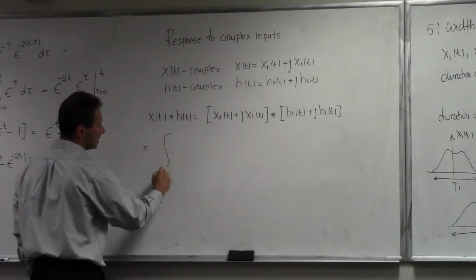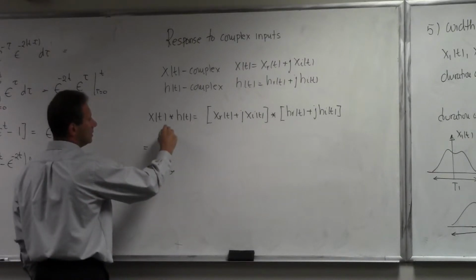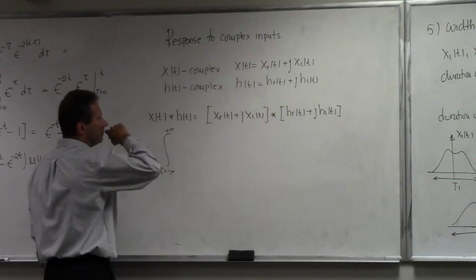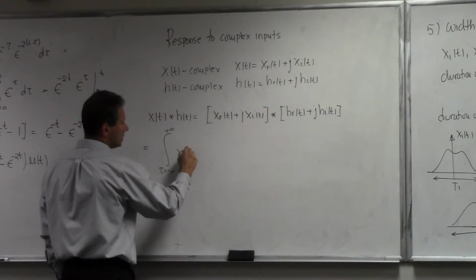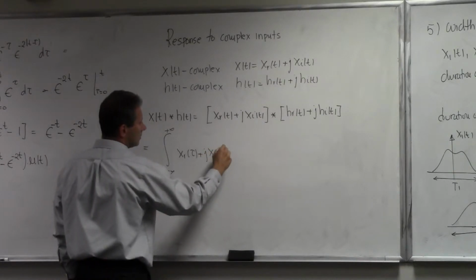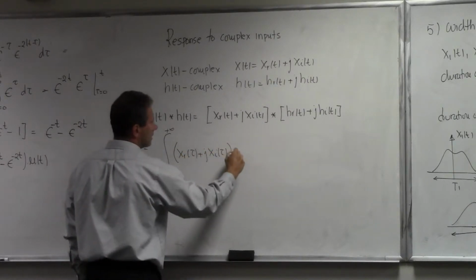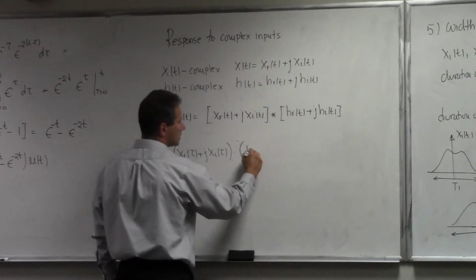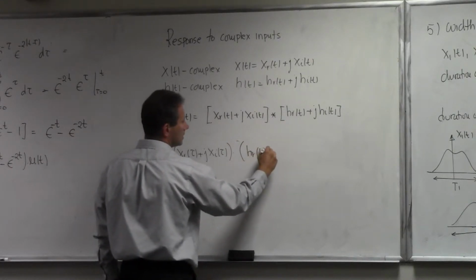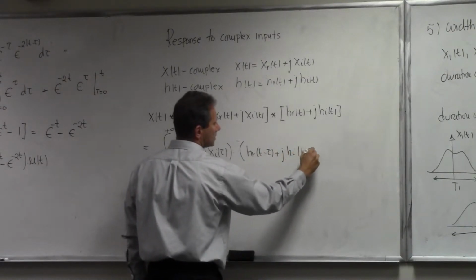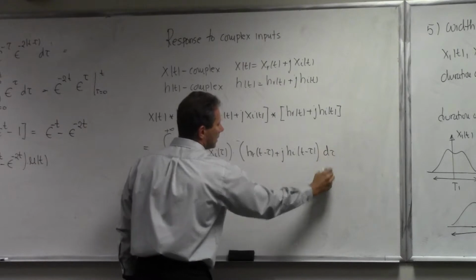Here you're going to be integrating tau goes from minus infinity to plus infinity x of tau, so it's going to be x real of tau plus j x imaginary of tau. And then I multiply that with h of t minus tau, which in our case becomes h real of t minus tau plus j h imaginary of t minus tau, d tau.